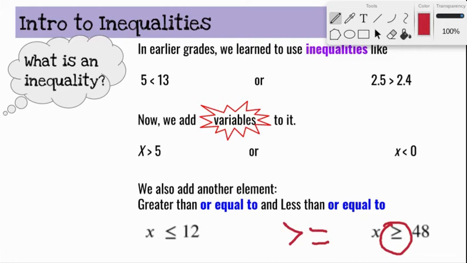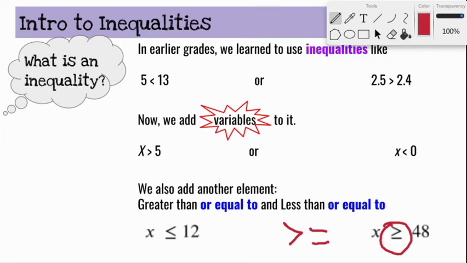That's where you're going to use that greater than or equal to symbol, because you can be 48 inches and still ride the ride, or you can be more than 48 inches and still ride the ride. As long as you are at least 48 inches, you can get on the ride of your choice. These inequalities of comparing those numbers are allowing us, in our case of our roller coasters, to say, okay, what group of people can ride this ride?